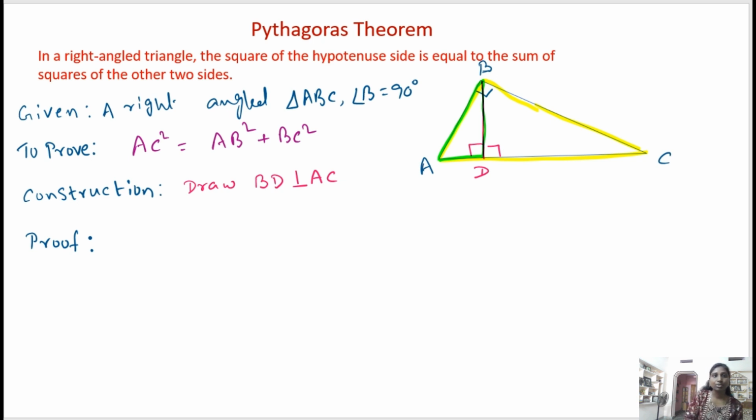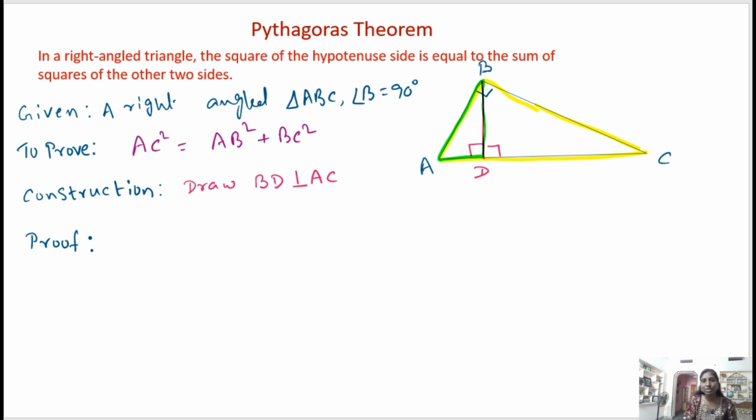Okay. So now once you recall the similarity criteria, AA is enough. First we will search for any two corresponding angles. So here we have two triangles, one big and one small. Here it is confusing, but try to understand, because the small triangle is positioned straight and the position of triangle ABC is different.